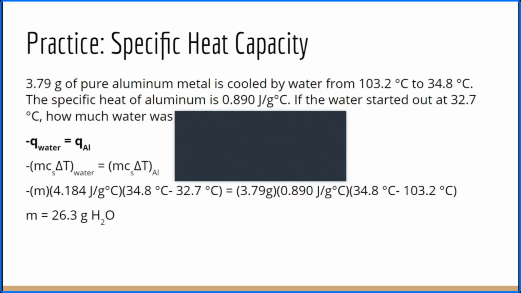And all we have to do there is a little bit of algebra, isolate that m, so we divide both sides by all of those numbers on the left there, as well as that negative. And what we result in is m is equal to 26.3 grams of H2O. And that's also equal to 26.3 milliliters, because this is water in this case.